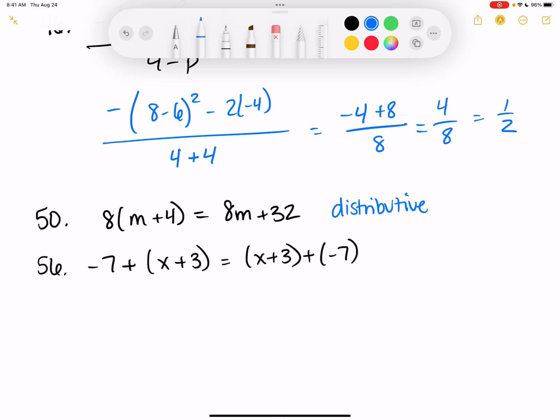It might help if you think of this one like this. It's basically two pieces that got switched. Yep. Commutative.